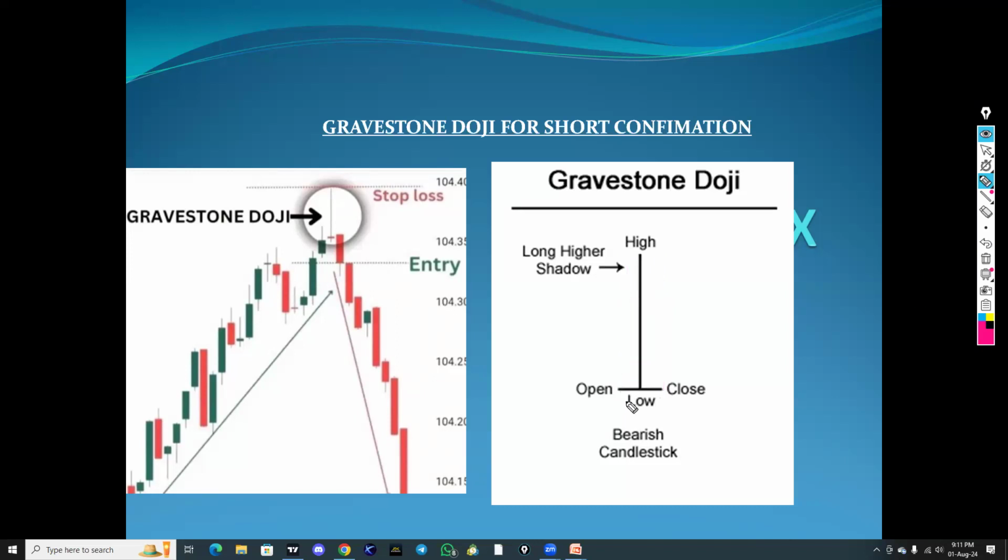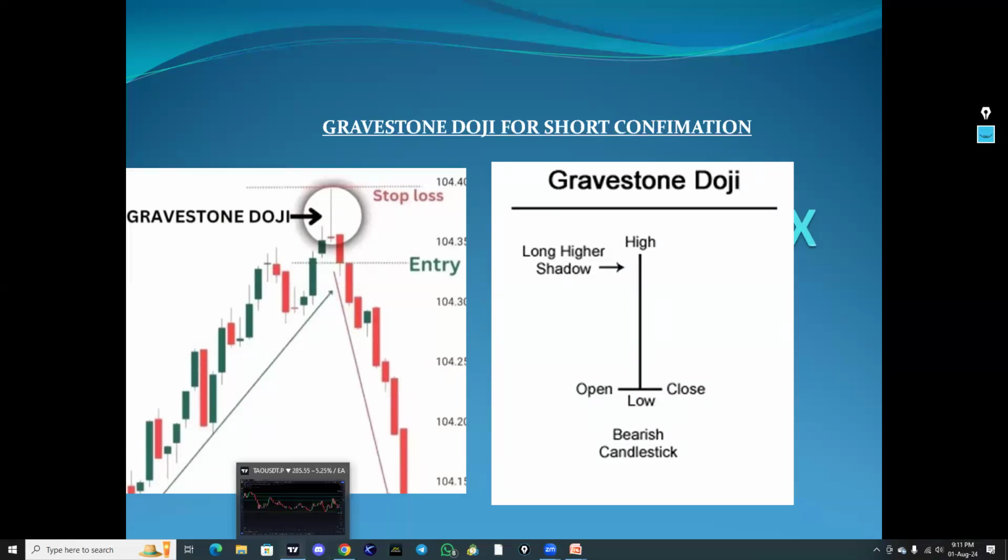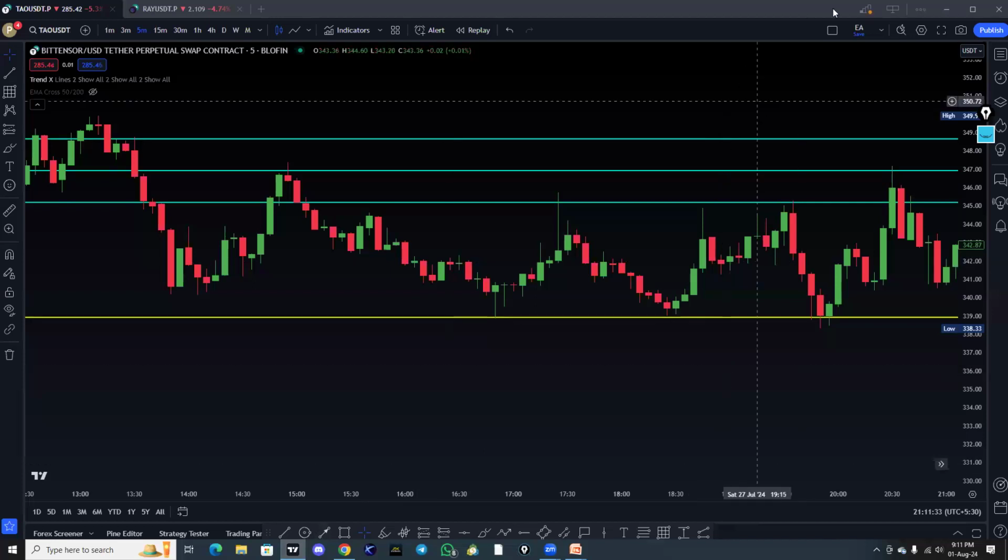Correct. Now this is the last candle, with a small body. This is a gravestone doji. Again, it should be near resistance or near the trend line. I'll just show you how it looks.